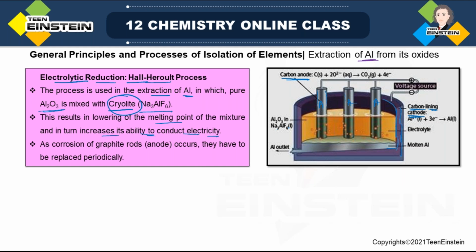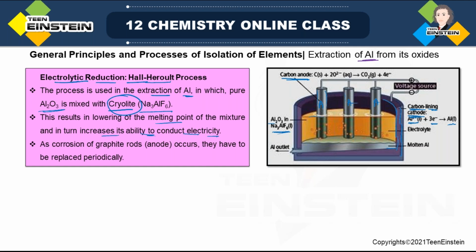Next, in this electrolyte mixture, we have taken the alumina, which is mixed with cryolite. So this is the electrolyte, and finally what is happening here: at the cathode there will be a reduction reaction, which is acceptance of electrons by aluminium 3+, and it is converted to aluminium 0.